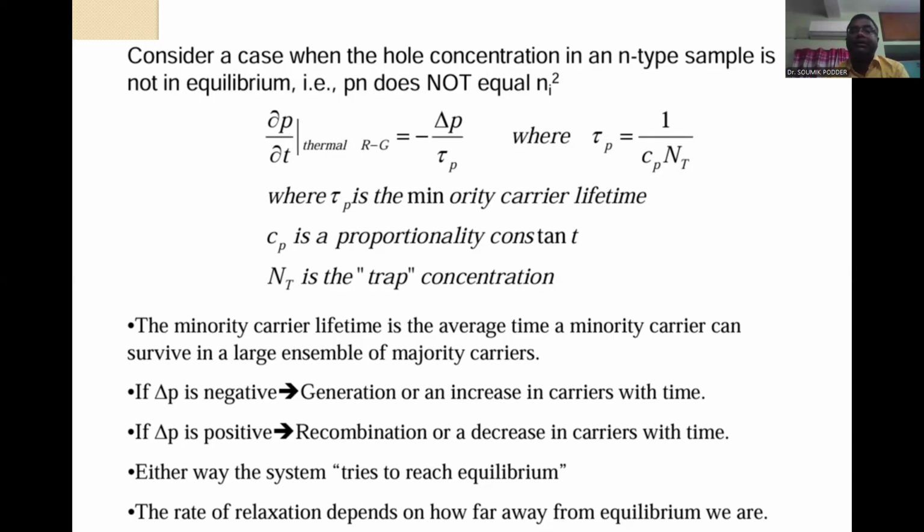Tau p is the minority carrier lifetime, where tau p equals 1 by Cp Nt. Cp is the proportionality constant and Nt is the trap concentration. If it is negative, then there is generation or an increase in carriers with time. If it is positive, then there is recombination or a decrease in carriers with time. Either way, the system tries to reach equilibrium.